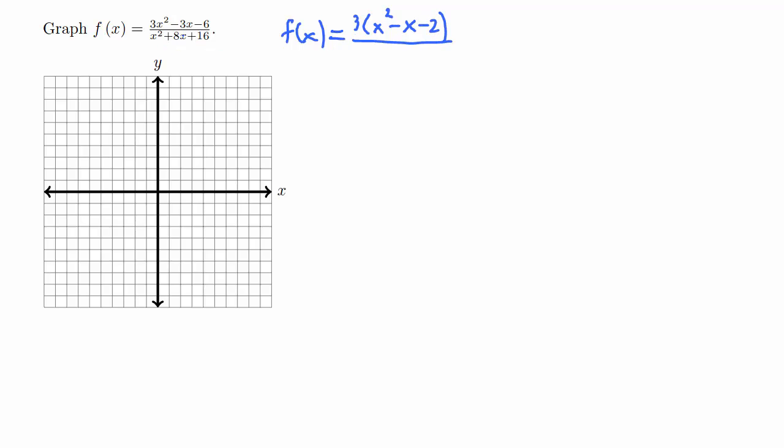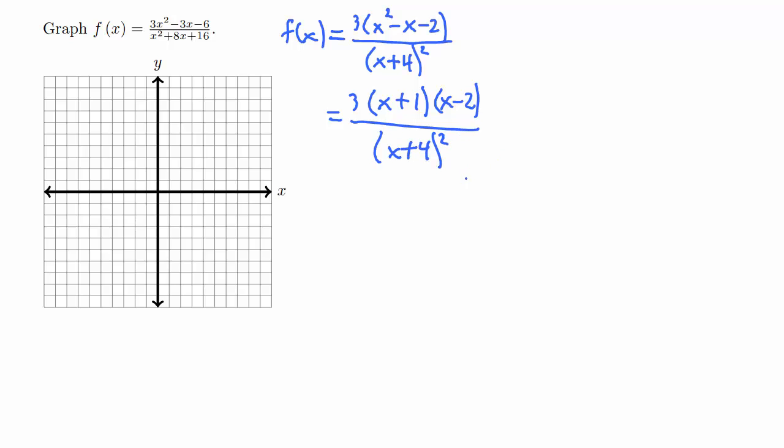And the denominator actually will factor as well. This is a perfect square trinomial, which is x plus 4 squared as a factorization. The numerator factors just one more time, so this is actually 3 times x plus 1, x minus 2, all over x plus 4 squared.